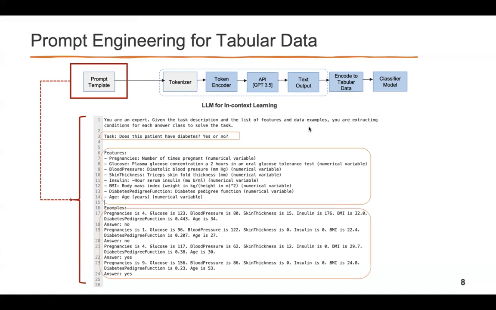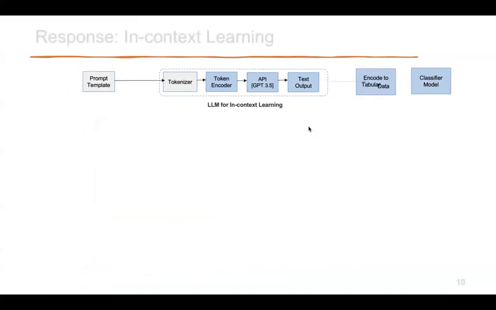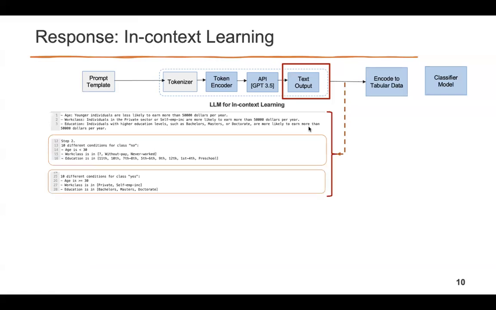Once we have all this ready, we also provide the format of the response we want. And this is how the GPT model responds to us. We have the conditions for class no, and we have the conditions for class yes. For simplicity, we only show three different conditions here.